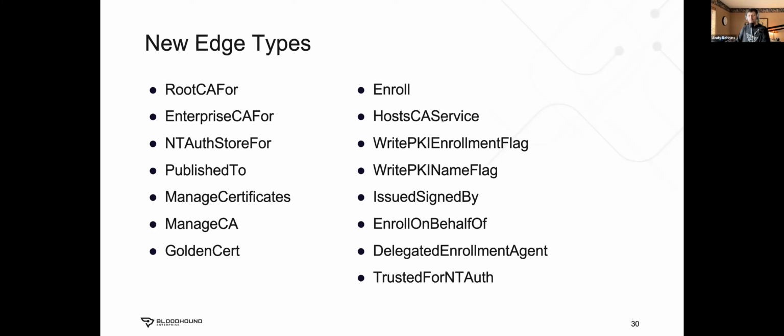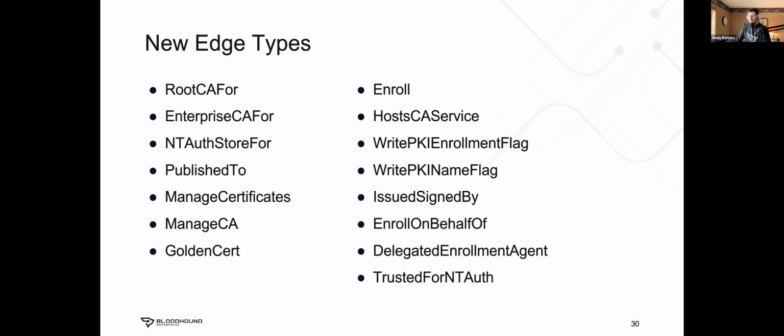So it lets you see where in the environment these different services are actually running. Write PKI enrollment flag and write PKI name flag. You'll see these later, and these have to do with control of LDAP objects regarding escalation 5 that let you put the system into a state that will then let you do escalation 1.